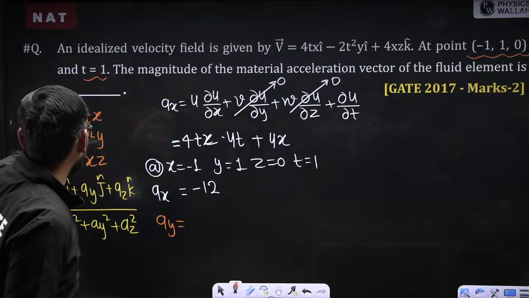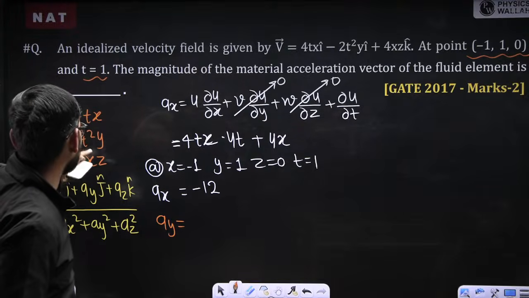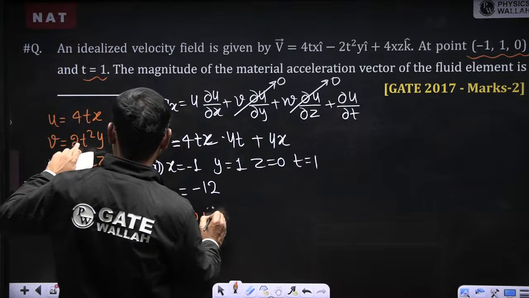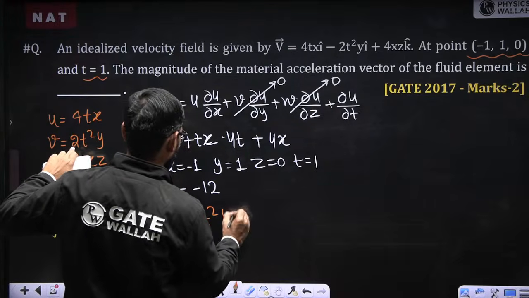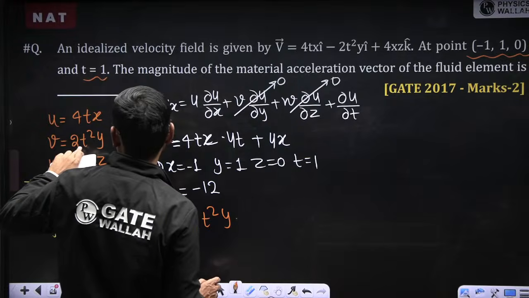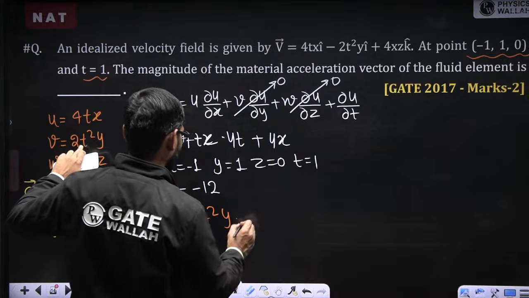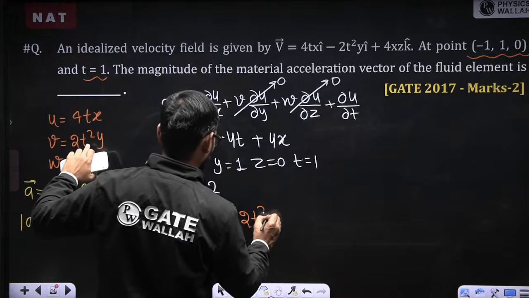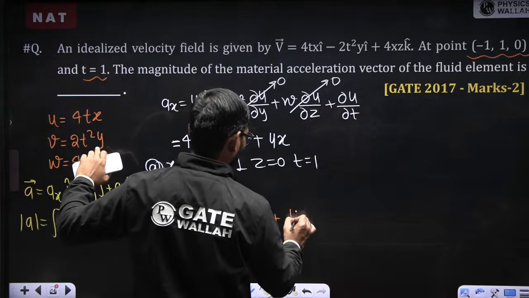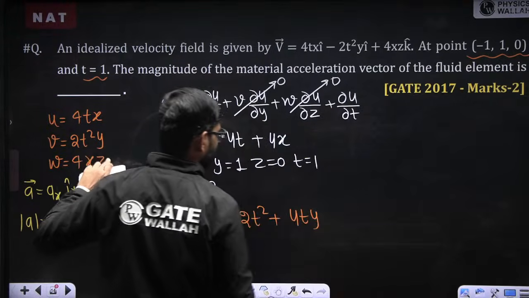AY value will come: u is not a function, so only the v term will come. v means 2t square y into dv by dy. dv by dy is 2t square, plus dou v by dou t, 4ty.